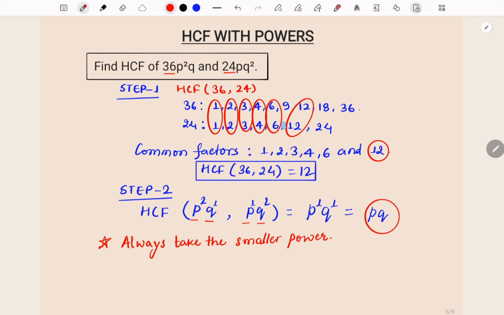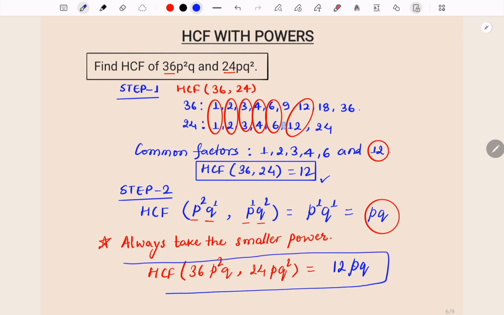So we have found the HCFs in the first and the second step. Now we need to combine the result. So the HCF of 36 p squared q and 24 pq squared is 12 from the first step, and pq from the second step. So the answer would be 12pq.